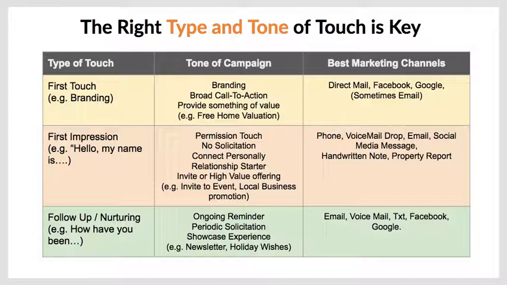With the first impression, this is where you start leveraging things like voicemail, phone, email, and social media messages, which are much more of a one-to-one type of touch. And then finally, the right type and tone for a follow-up.